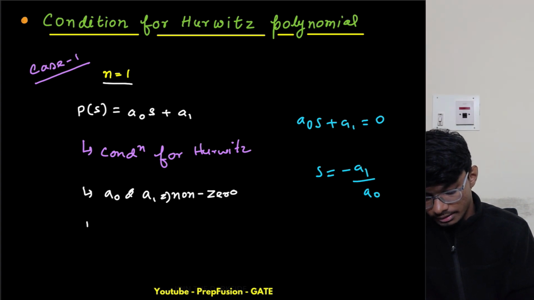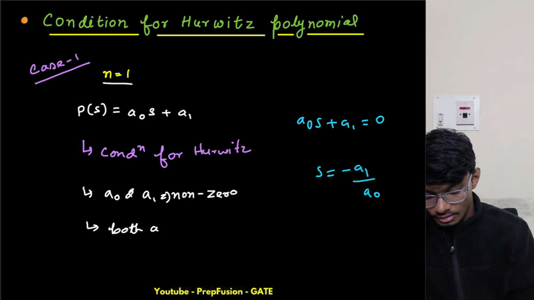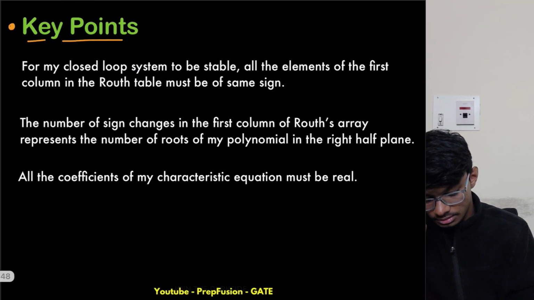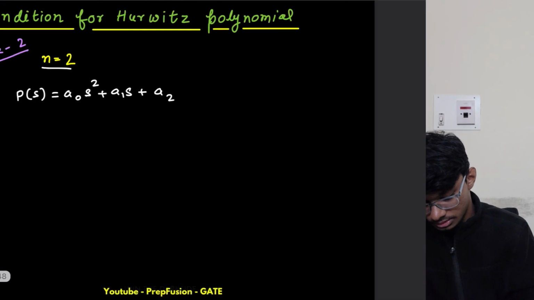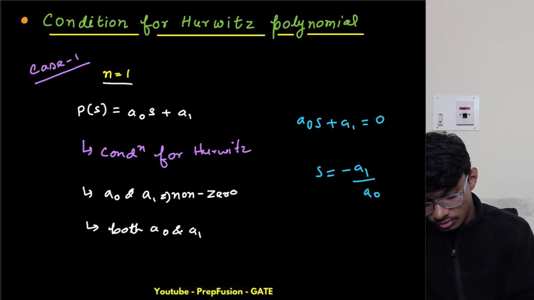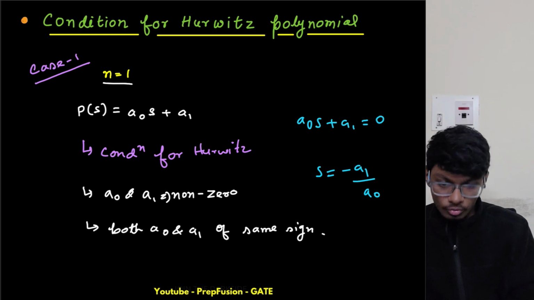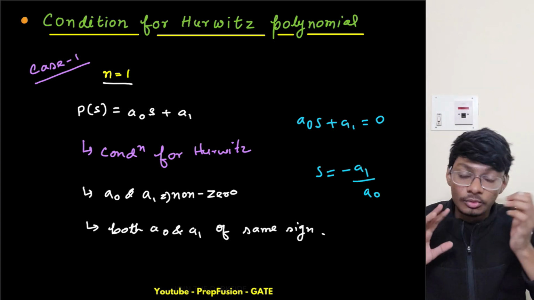And both a0 and a1 should be of the same sign. So that is basically the condition for a Hurwitz polynomial of order 1.